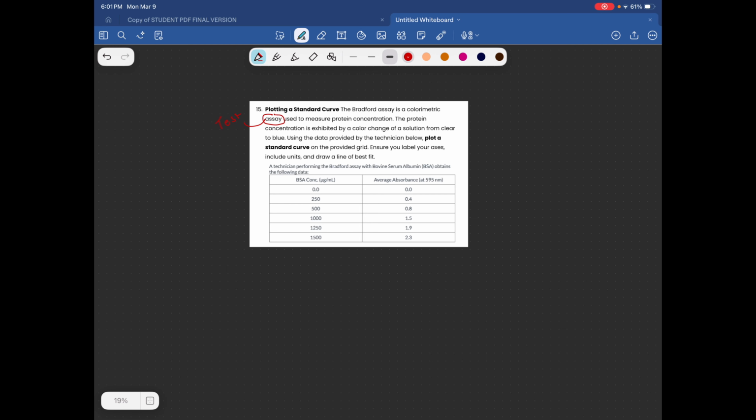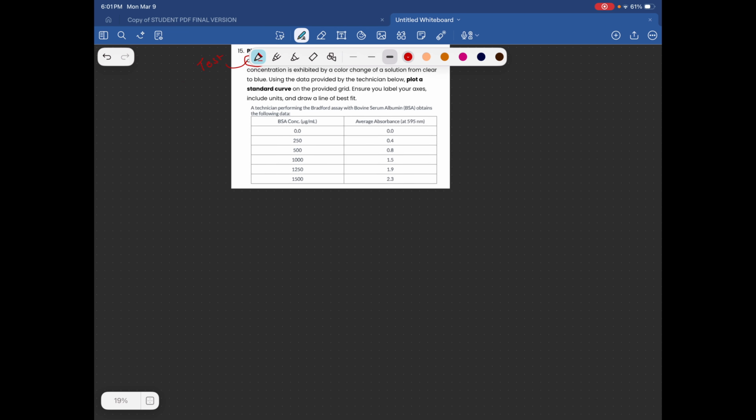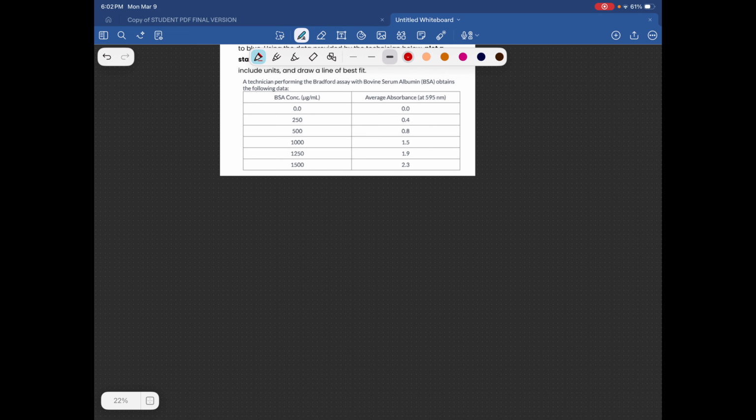So in any experiment, we have an independent variable, the thing that we control, and a dependent variable, what we measure. Let's go ahead and draw a thick line, an x-axis here.